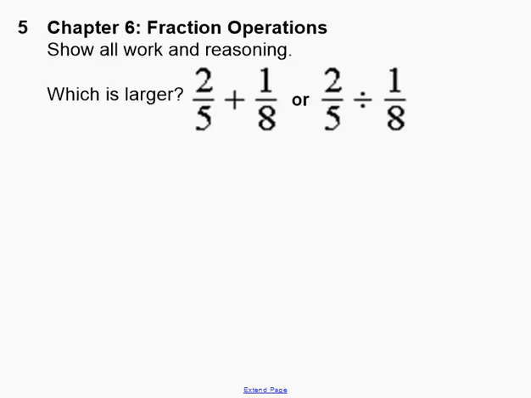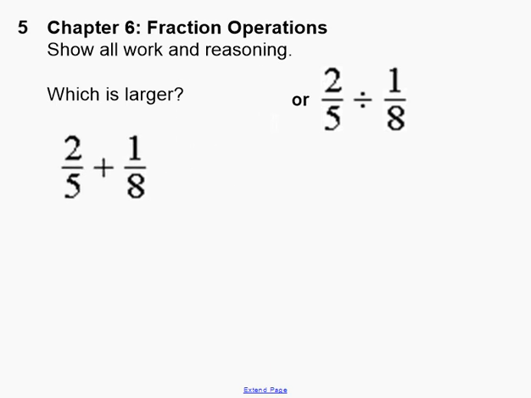Our question from chapter 5 on fraction operations asks which is larger, adding the two fractions 2/5 and 1/8 together or dividing them. In order for us to figure it out, we can either use logic or we can just solve the questions and compare them. So let's just solve them and see what happens here. When you add two fractions together, remember what you have to do.